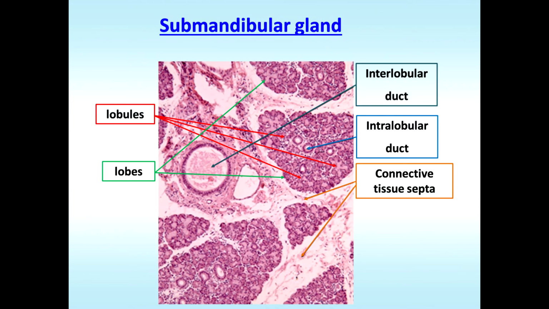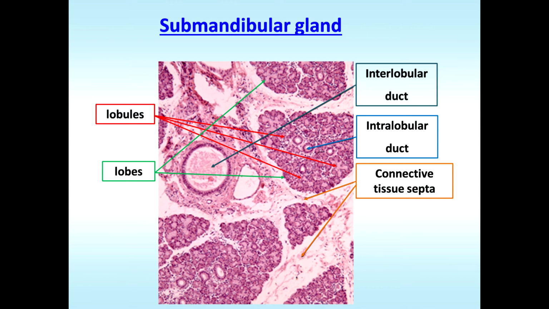Now, let's have a look at a low magnification micrograph of a section of a submandibular gland. As you can observe, it's very similar to the one of the parotid gland, with one exception, which is the absence of adipose tissue. We may need to go into higher magnification to detect the adipocytes.